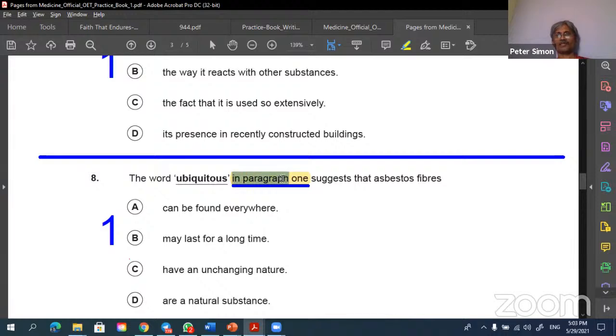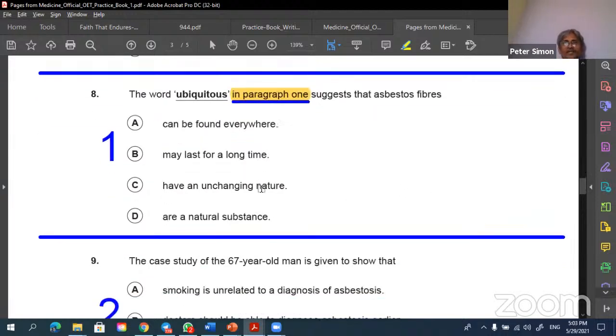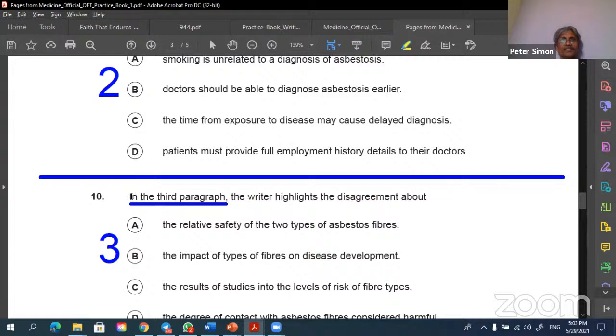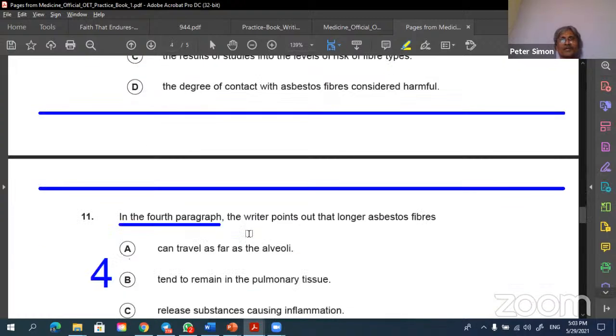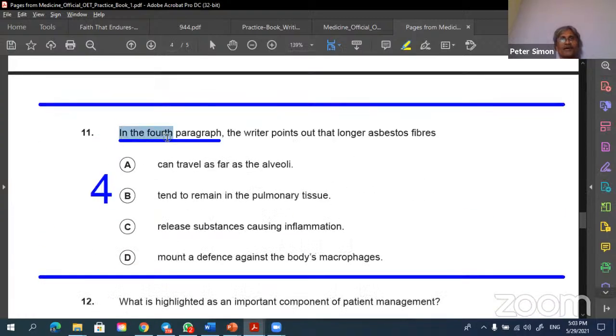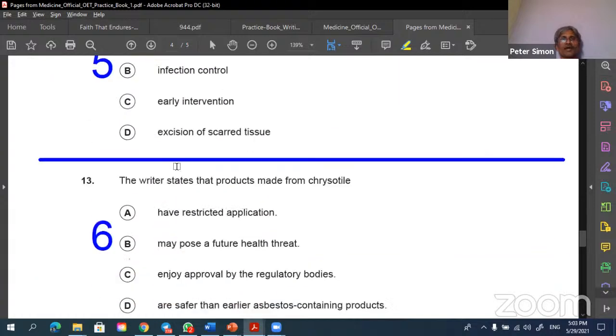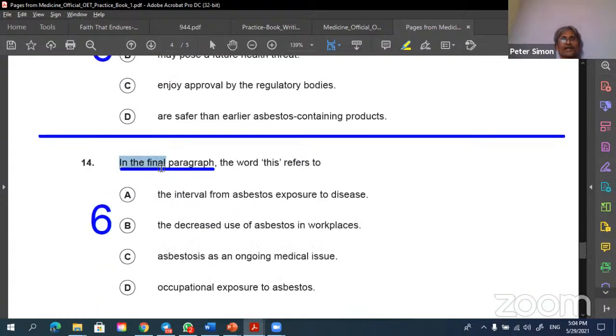If you do this, it will be very easy for you. Here in the third paragraph, then here in the fourth paragraph, and in the final paragraph. So this will help you.